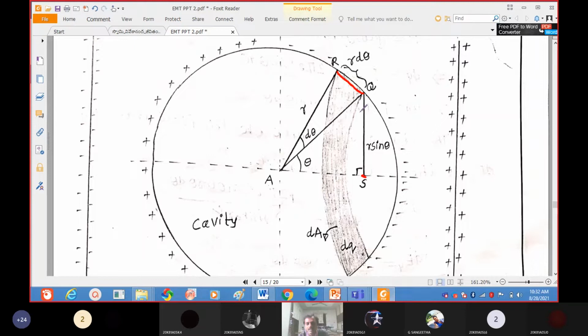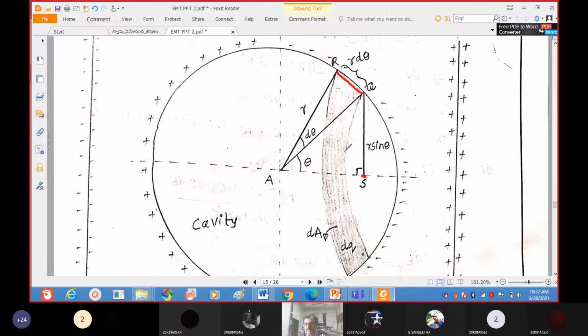Now we also have to calculate S, because we have to calculate the area of the ring. Area of the ring means circumference into thickness. What is the formula for circumference? It is 2 pi r, where r is the radius of the ring, into the thickness.